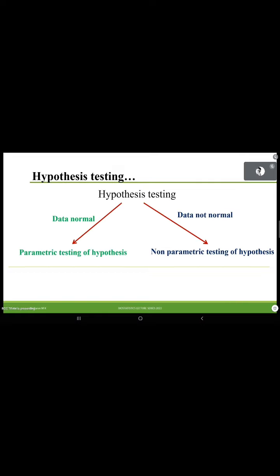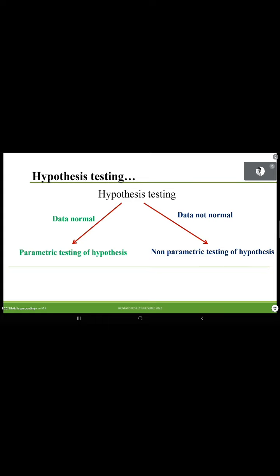The entire hypothesis testing procedure in statistics is divided into two based on the normality. Suppose your data follows normal distribution, you should go for something known as parametric hypothesis testing. Otherwise, you should go for a non-parametric method. You see, the influence of normality is very, very important. This is a very significant branch of statistics, the hypothesis testing process.